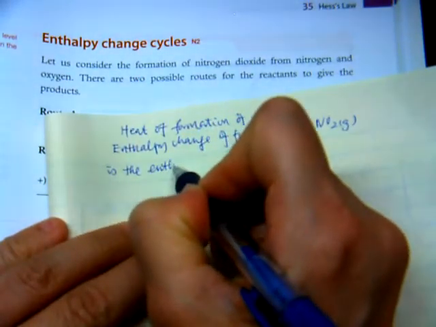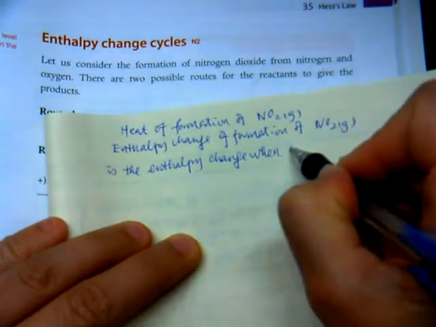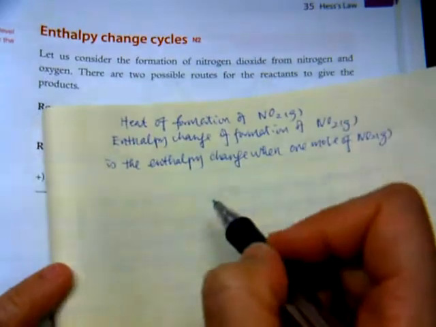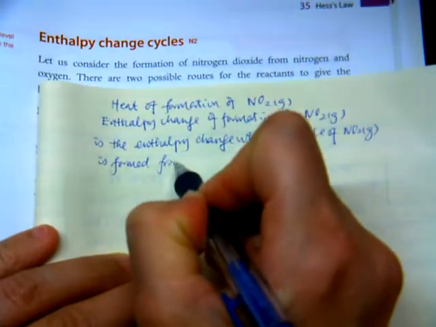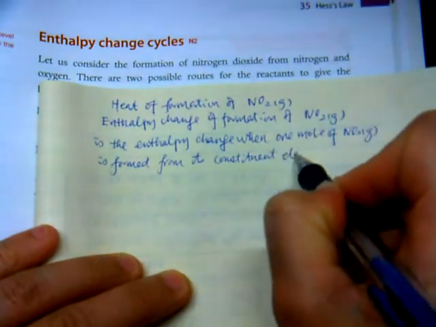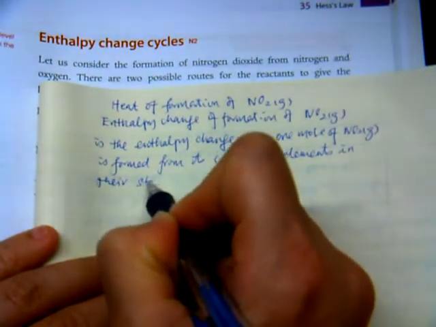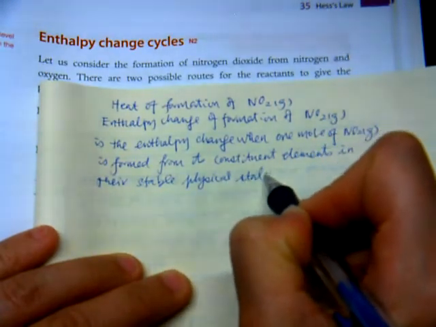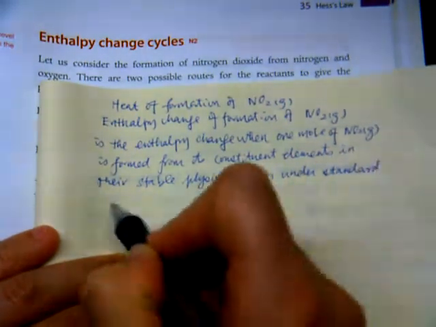It is the enthalpy change when 1 mole of nitrogen dioxide is formed from its constituent elements in their stable physical state under standard conditions.